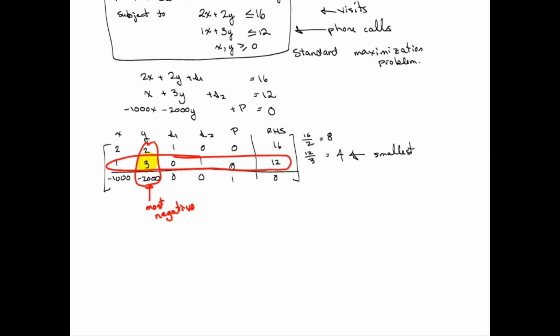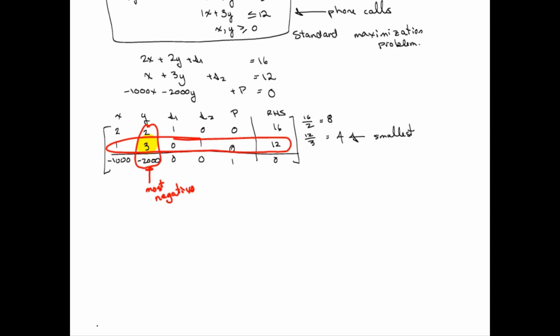Okay, so we are going to pivot around that pivot element, the 3 that you see. That means that 3 will be made into a 1 and everything else in that column will become a 0. Once you do that, here's what we will get.